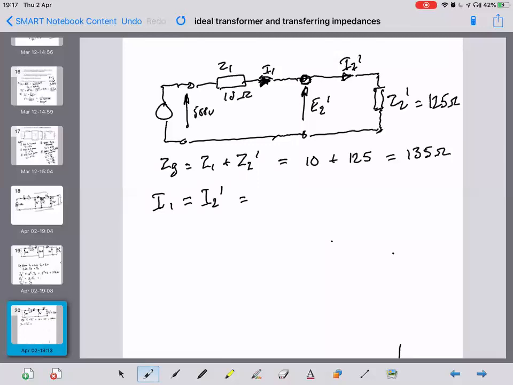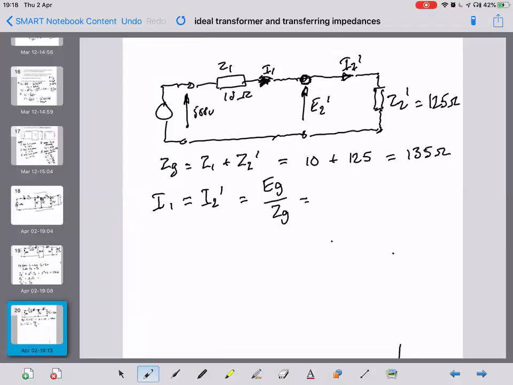So we can say I1, which is equal to I2 dash, is equal to EG, or E1. What do we call it? EG on there, over ZG.